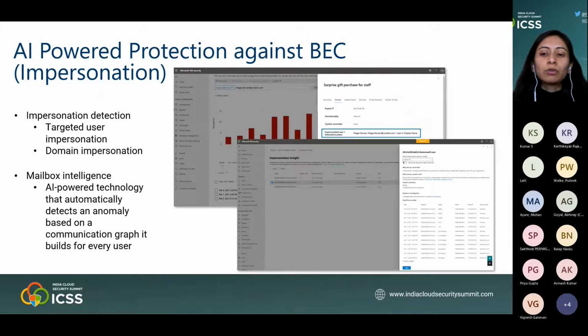So, for example, if you think about Satya Nadella, Microsoft CEO, he's not going to be on my frequent contacts list because I only get email from him very infrequently, and I, as an employee, never respond anyway. So, in this case, the list of targeted users that a security admin specifies says that regardless of what the system has learned, these users need to be protected.